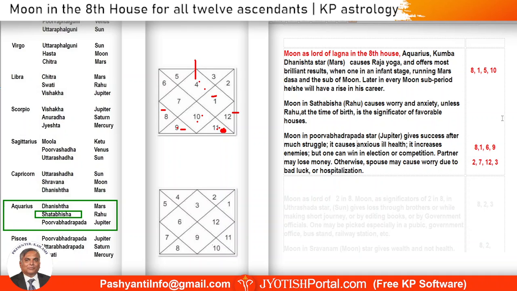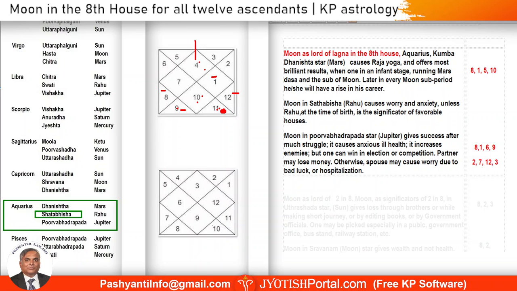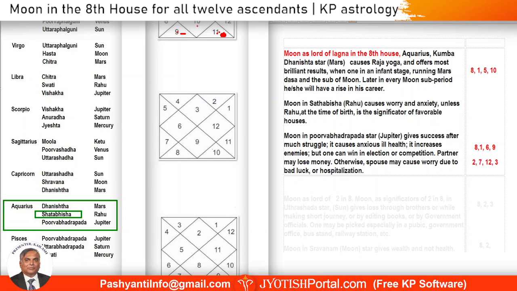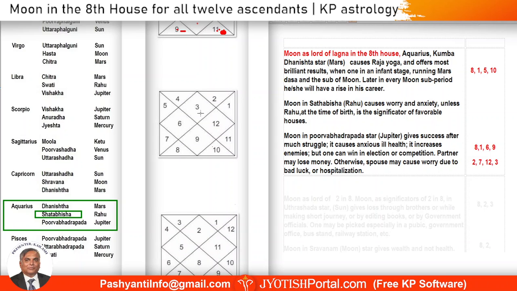Now let's move on to the moon as lord of the second house. So now we are going to put our focus on this particular chart. Okay, now the ascendant becomes Gemini, and first let's put our moon.